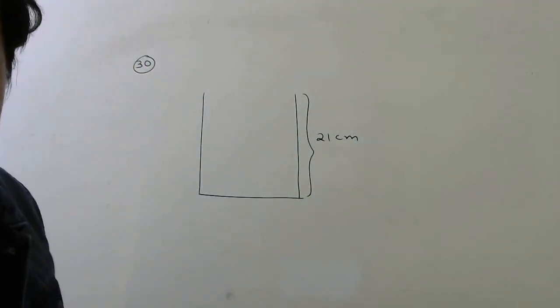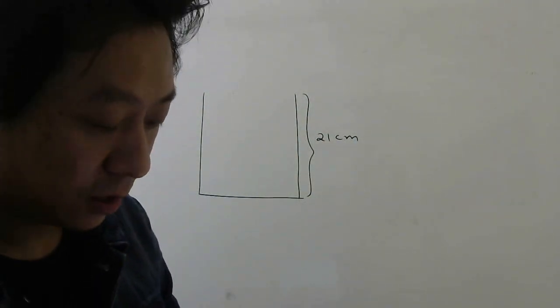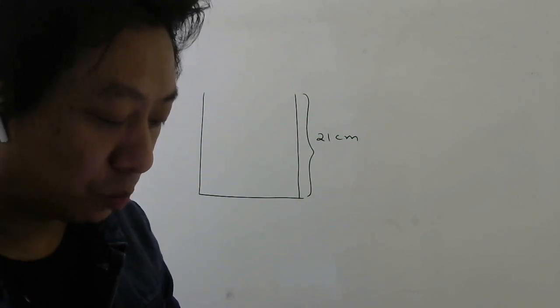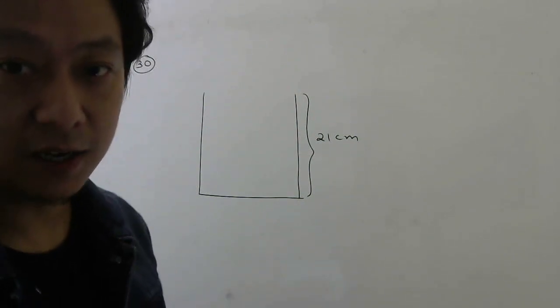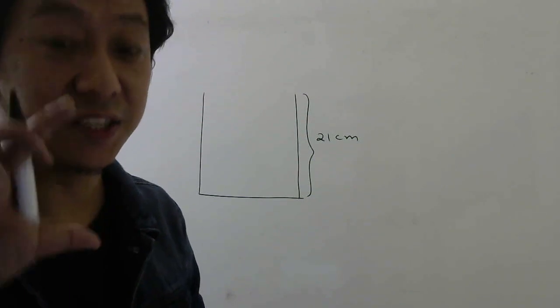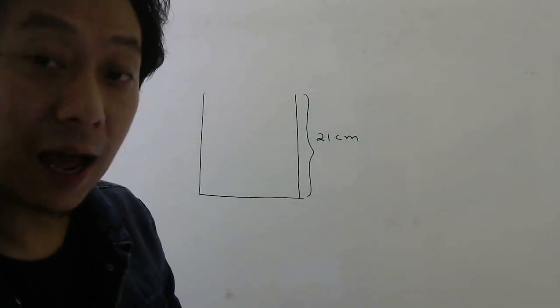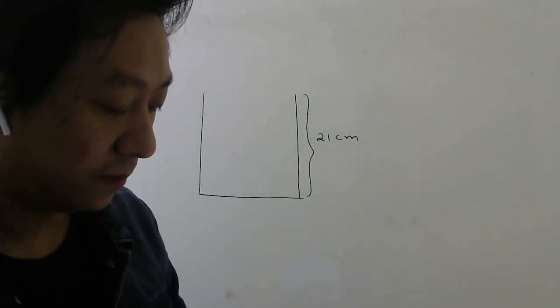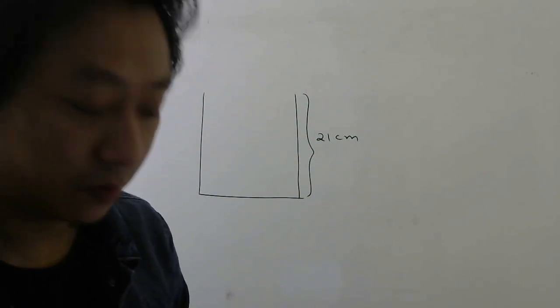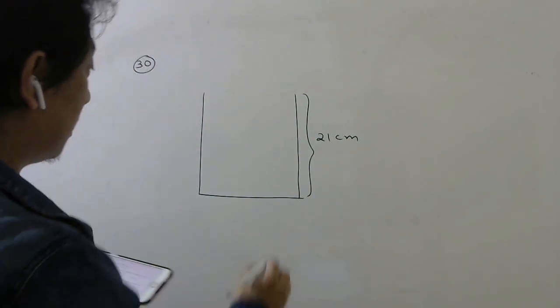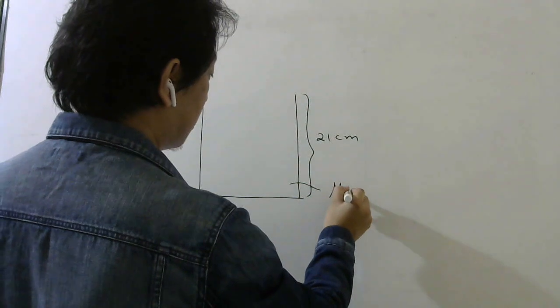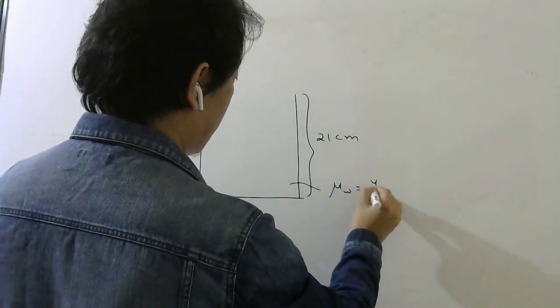So height of the container is 21 centimeter. How much water should be filled, up to what height, so that it appears half filled when viewed from the top of the container? Refractive index of the water with respect to air is given 4 by 3.